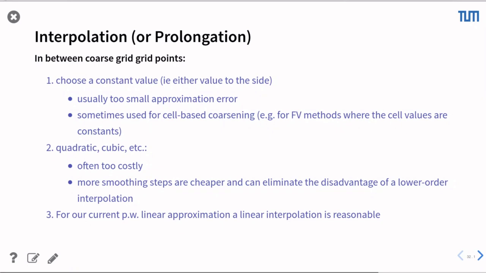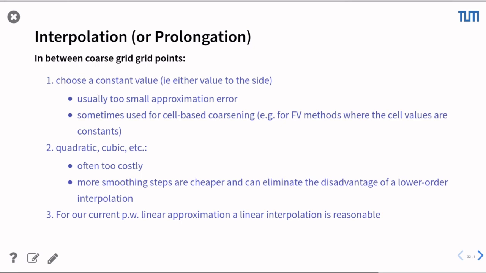In some situations, though, it gets used, for example cell-based coarsening. Finite volume methods always approximate the function as piecewise constant in each cell. In that case, of course, this is a great way of doing interpolation. But right now, we have piecewise linear basis functions, and we can't do this.